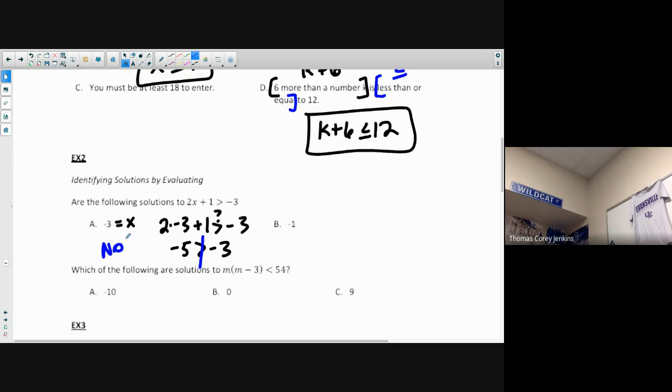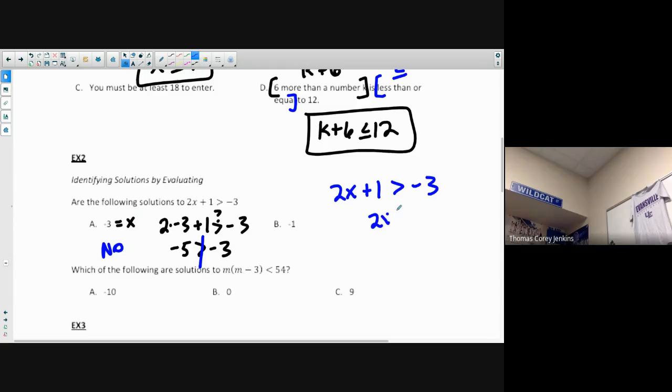The other way to approach this problem, so that would be one approach, the other way would be if I'm comfortable enough to solve for x, then I could go like this. This is getting a little bit ahead, so you don't have to do it this way. But some of you I know are going to want to, so I'll show it this way. If I solve for x, I'm going to subtract 1 from both sides.